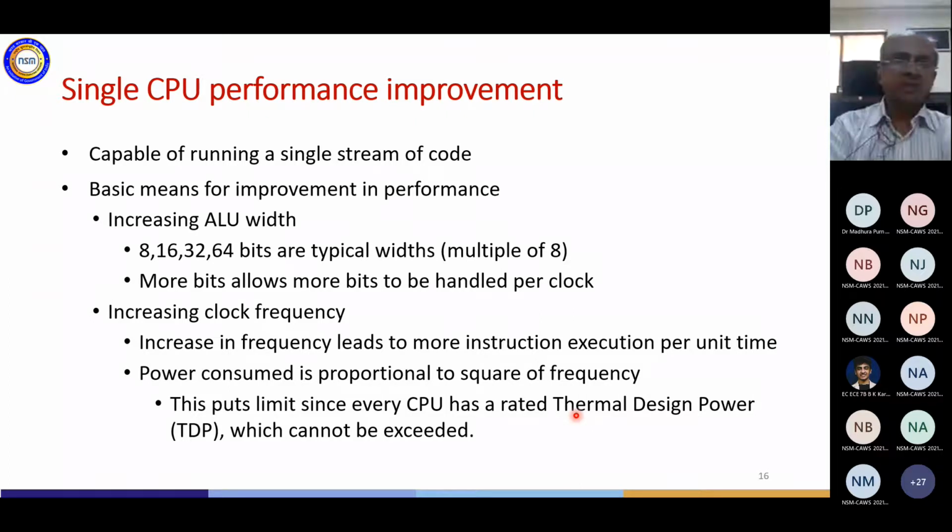You must have seen CPUs having fans, and some metallic things called heat sinks to dissipate power, because the higher the frequency, the more frequently is the flow of current, and that's how power is consumed. So you cannot increase clock frequency beyond a bit, you cannot increase the ALU width beyond a point.